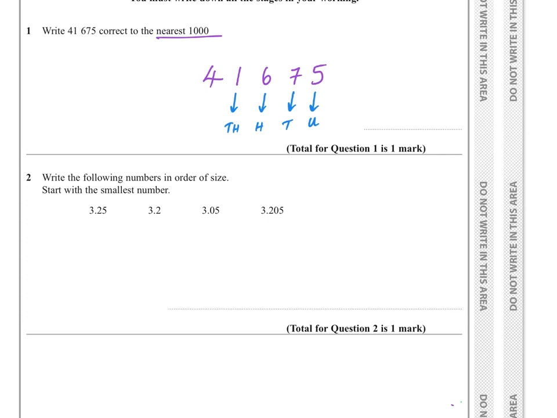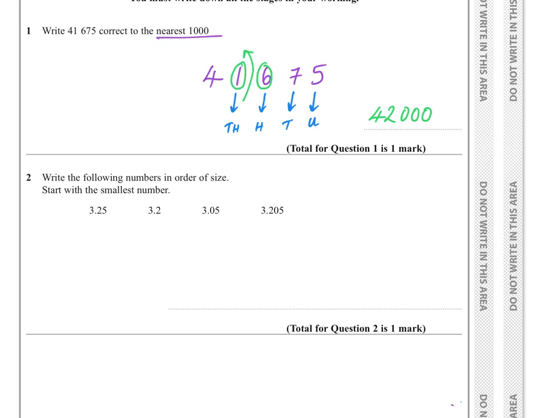And so if we look here at this number, as it's a 5, a 6, a 7, an 8 or a 9, it would round this number up. So in place of the thousands column we would have 2 instead of 1. So to the nearest 1,000 the answer would be 42,000.